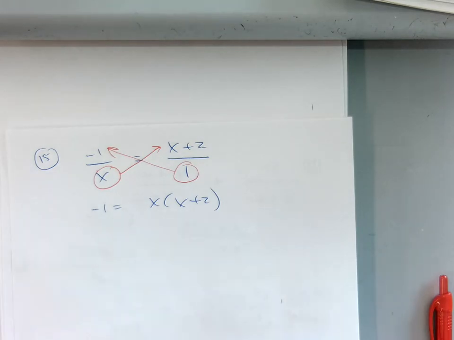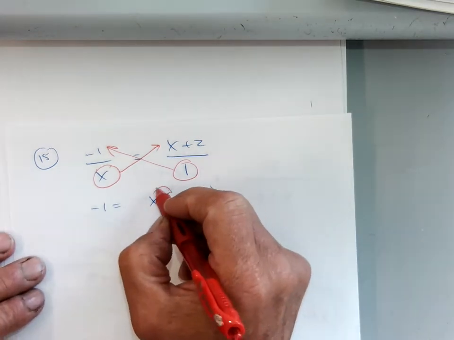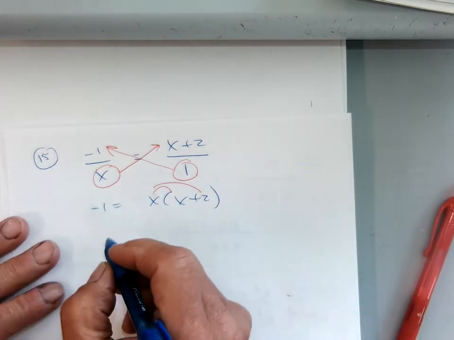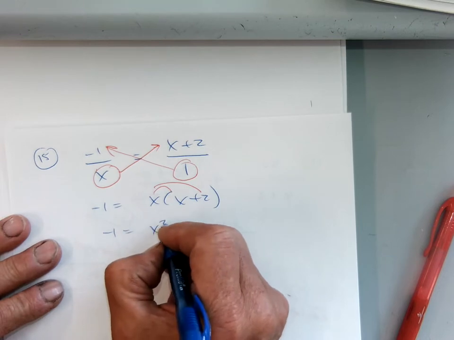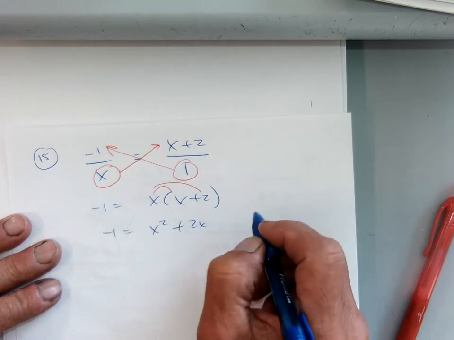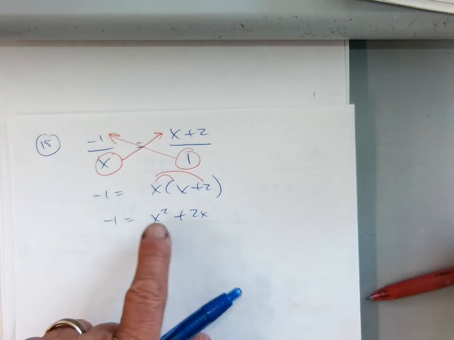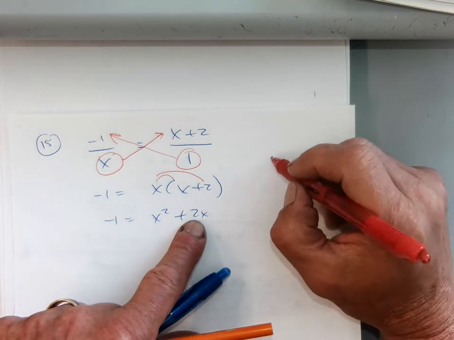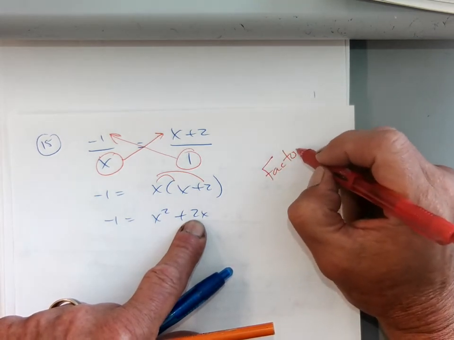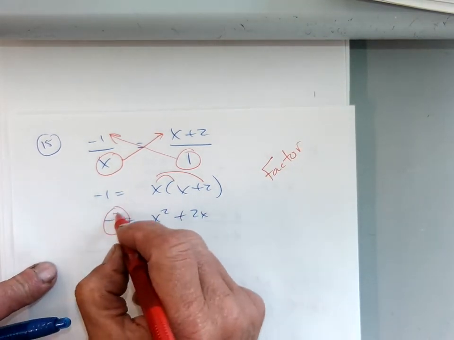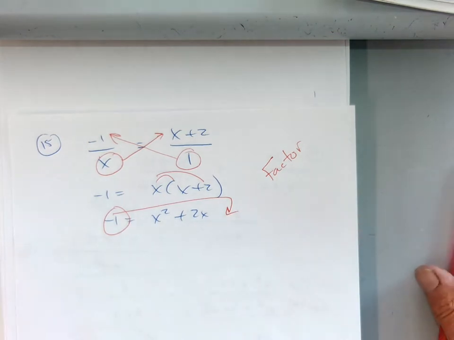And then I'm going to go that times that times that. So I'll have a negative 1 equals an x squared plus a 2x. I need to solve for x, but I've got x squared and x. So I think I'm going to have to factor. So I'm going to bring over my negative 1 and bring it over here by adding it.